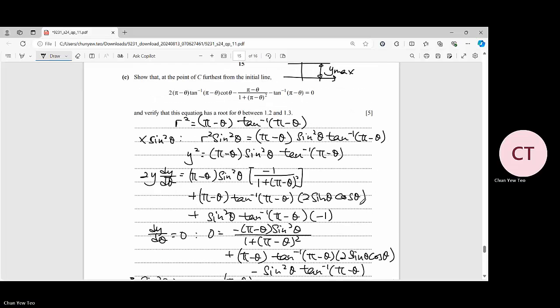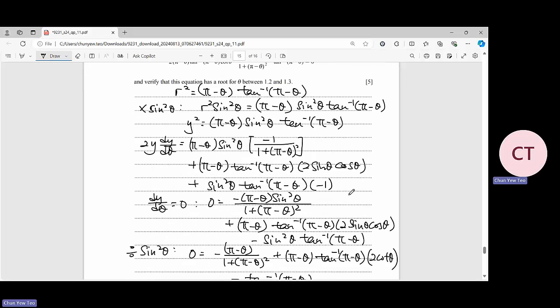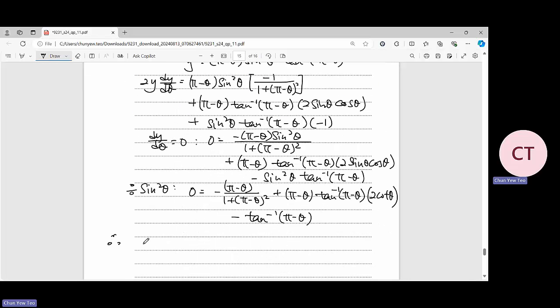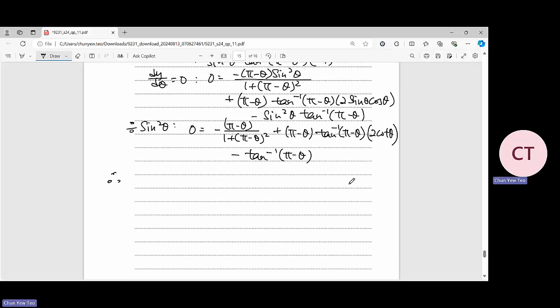Then is it the same as what they want? Oh, it's the same already. So therefore, shown already. Maybe I write over here: therefore, 2 cotangent theta minus this over this minus arctangent of (pi minus theta) equals 0.